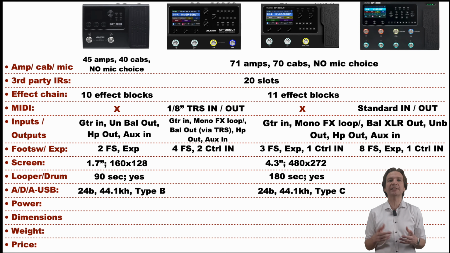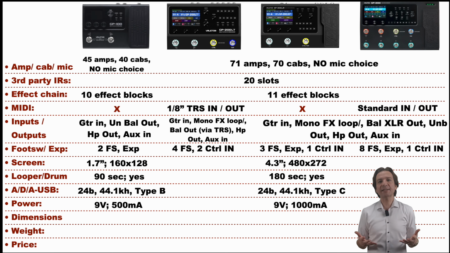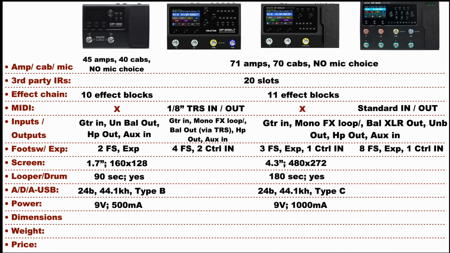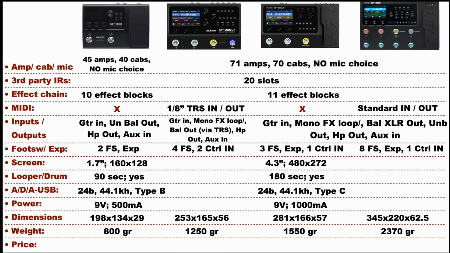In terms of power, they all run at 9 volts, but the GP100 requires 500 mA, where the other units are more power hungry at 1000 mA. In terms of dimensions and weight, obviously, the regular GP200 is the bigger and heavier unit, where the GP100 is the smaller and lighter.